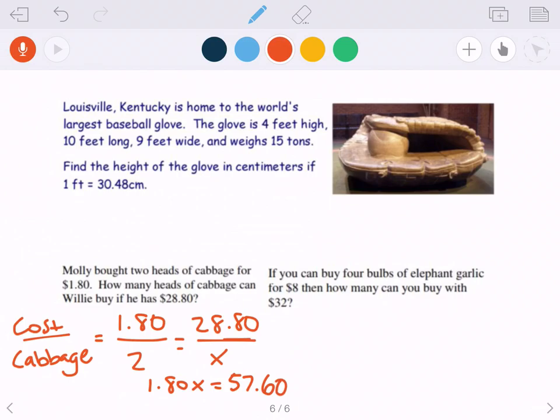So when you divide, it looks like with $28.80, 57.60 divided by 1.8. If you have $28.80, you should get about 32 heads of cabbage.